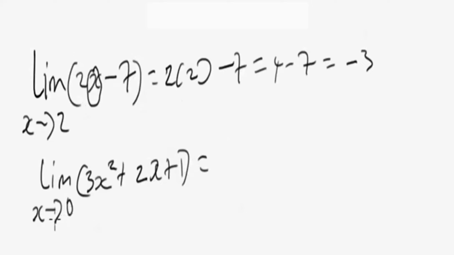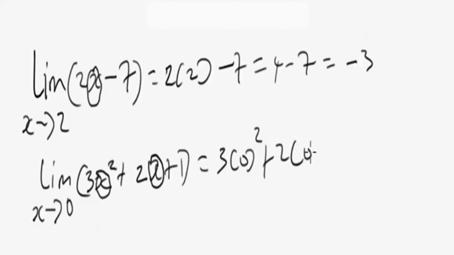All you have to do is, x is tending to 0, so you plug 0 into this variable x. When you do, you're going to have 3(0 squared) plus 2(0) plus 1. When you simplify further, everything here goes to zero, so the answer will be 1. So it's as simple as that.